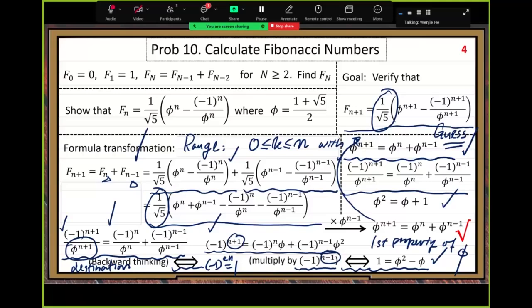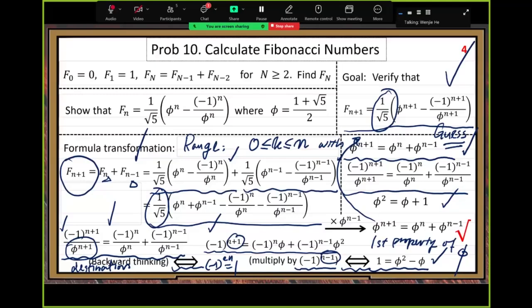Now, by this direction of deduction, this must be correct. If this is correct, we can go that direction, then our destination equality must be correct, by two-way deductions. So our conclusion is that the formula for f sub n plus 1 is correct.